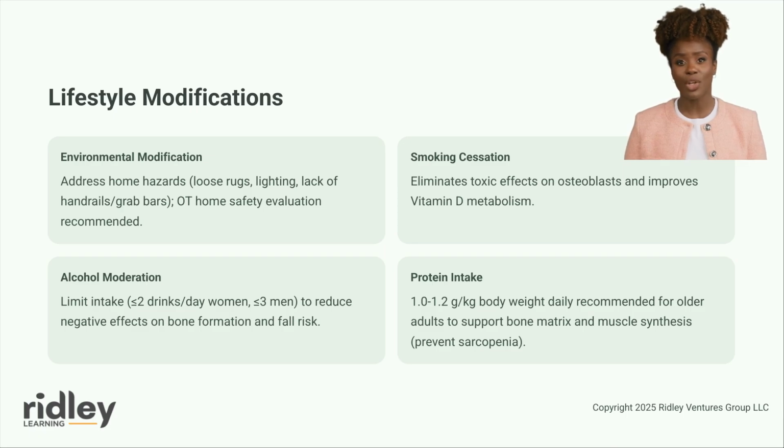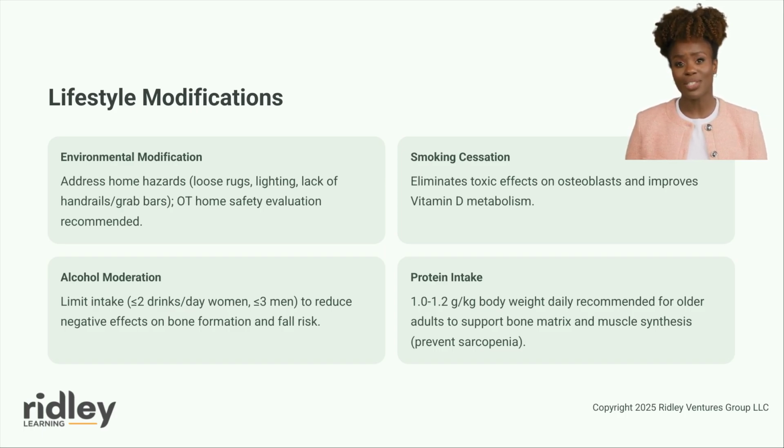Environmental modification and home safety assessment address the physical environment in which falls occur. Common environmental hazards include loose rugs, cluttered walkways, inadequate lighting, lack of handrails on stairs, bathroom hazards such as slippery surfaces, and absence of grab bars, and unstable furniture.